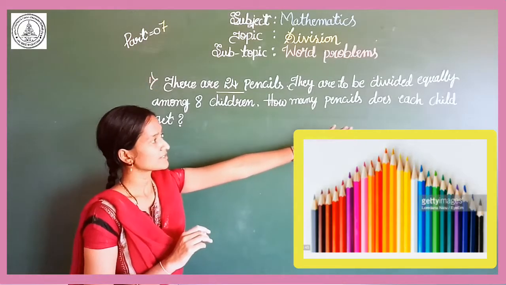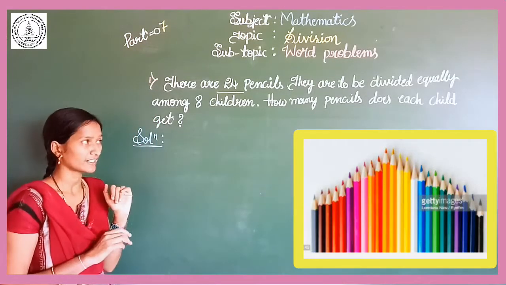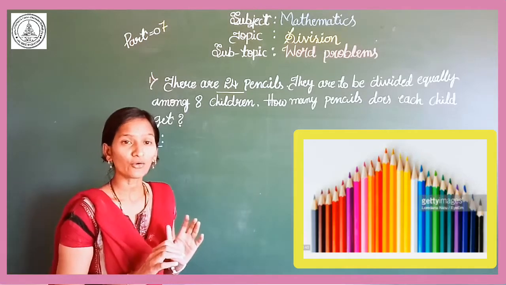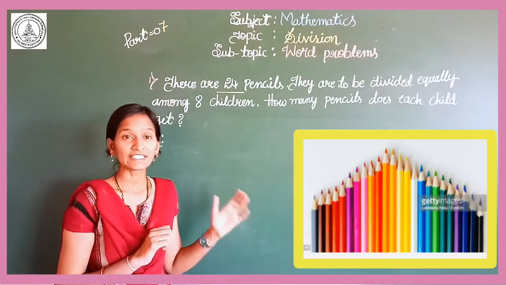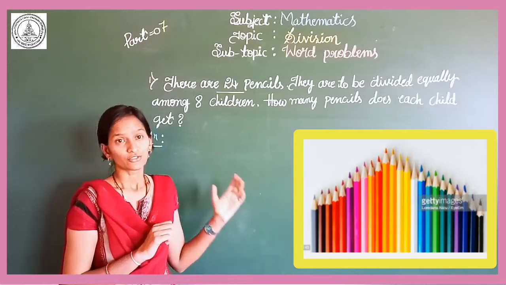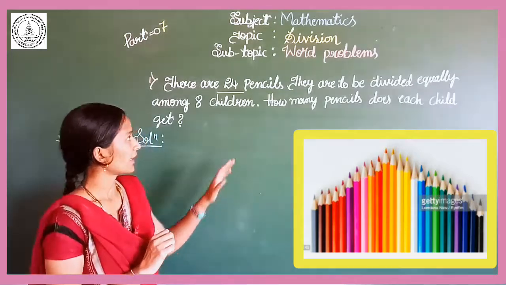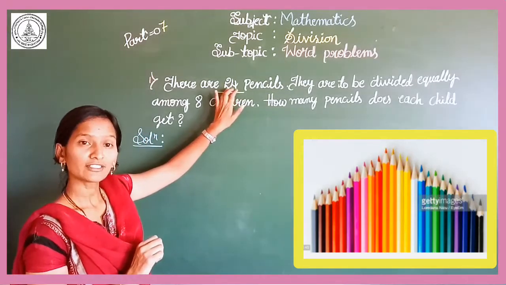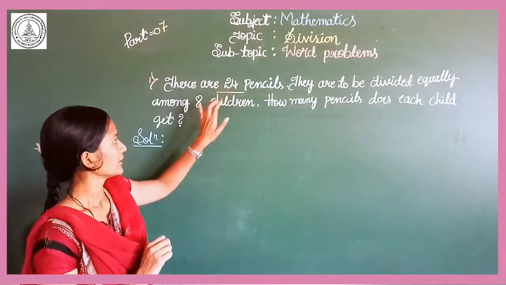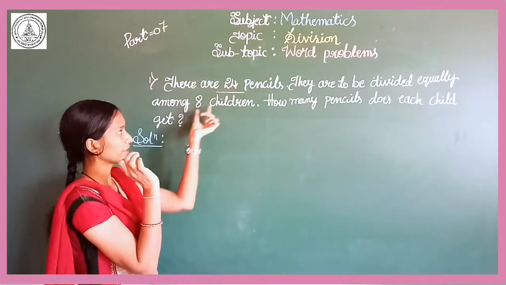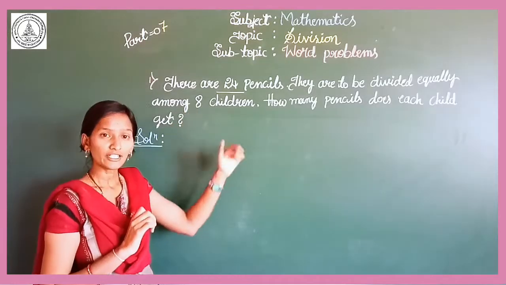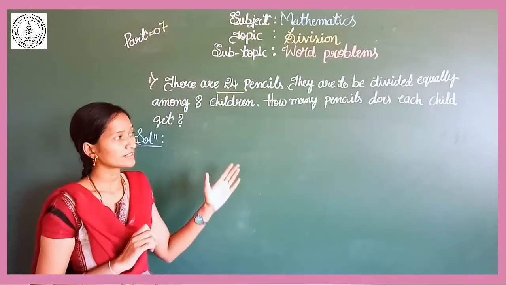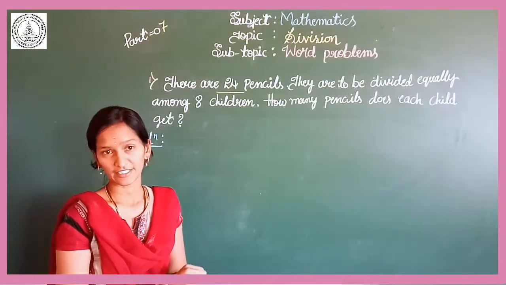So how many pencils does each child get? Now you have to find out the number of pencils each child gets. So here you have to divide the number 24 by 8. 24 divided by 8, then you will get the number of pencils each child gets.